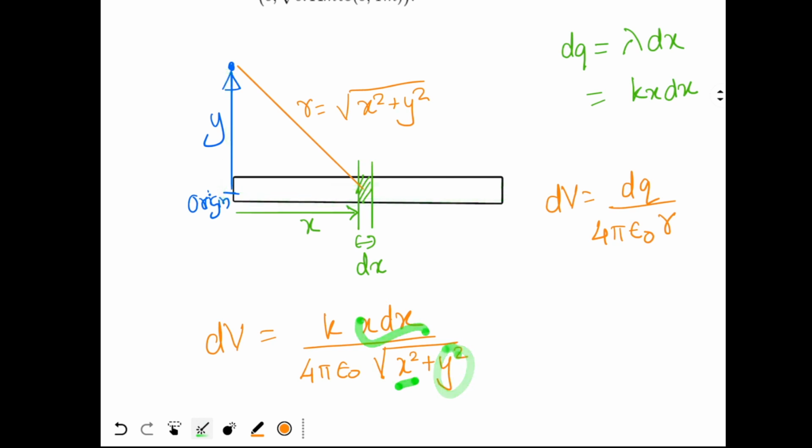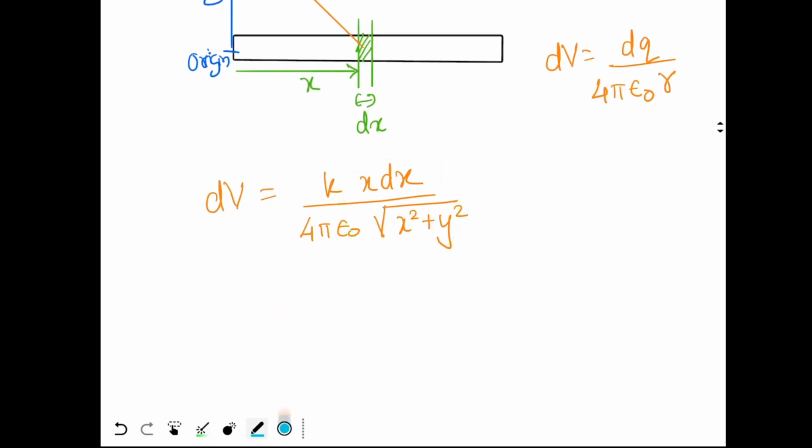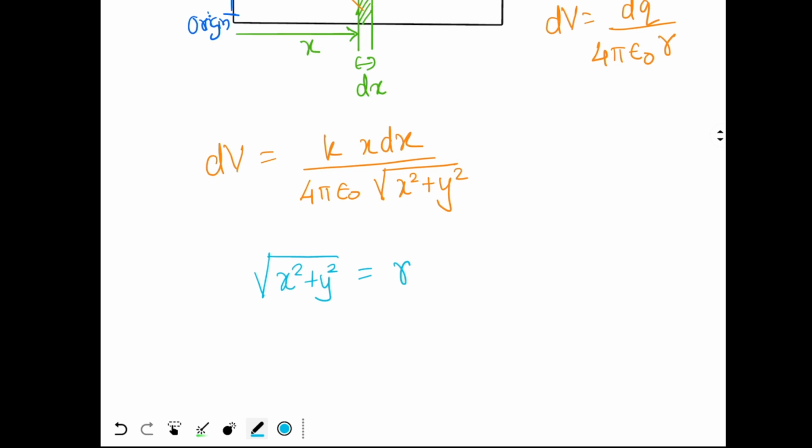So how do we find the total potential now? For total potential, we need to integrate this. So we need to simplify this function first. So for that, let's say that root of x square plus y square is equal to r. Then when you differentiate this, dr will be 1 by 2 root of x square plus y square, we are applying the chain rule, and then the derivative of this will give you 2x dx.